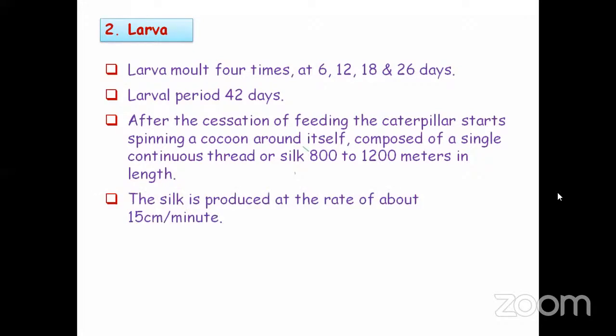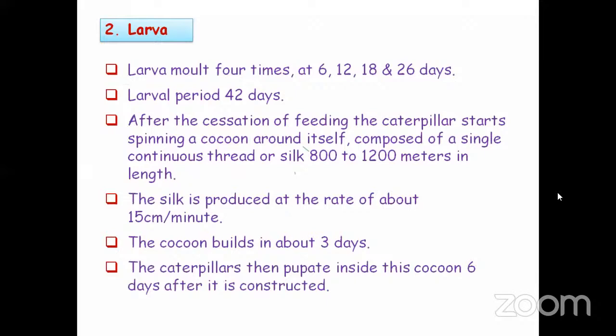The silk is produced at the rate of about 15 centimeters per minute, and the cocoon is built in about 3 days. Then the caterpillars pupate inside the cocoon 6 days after it is constructed.